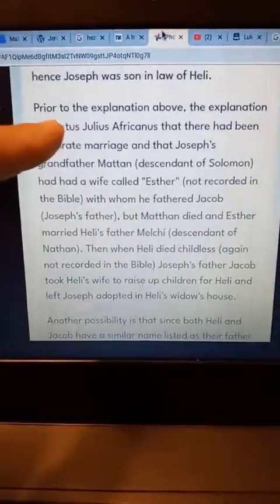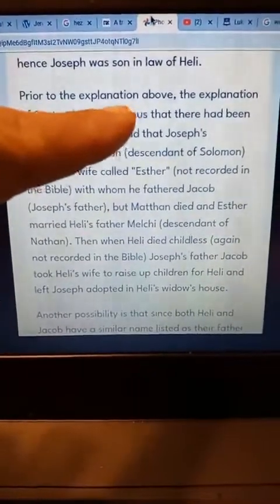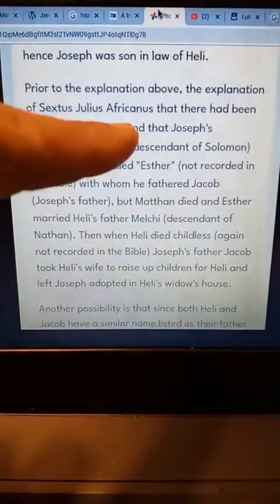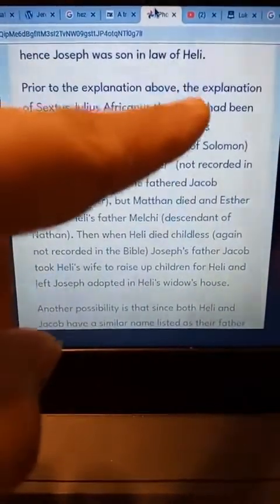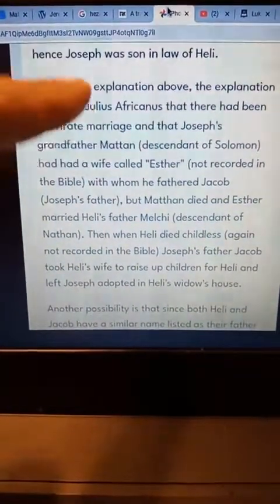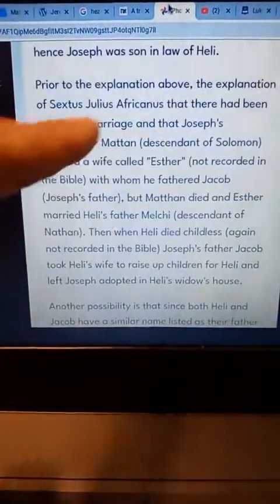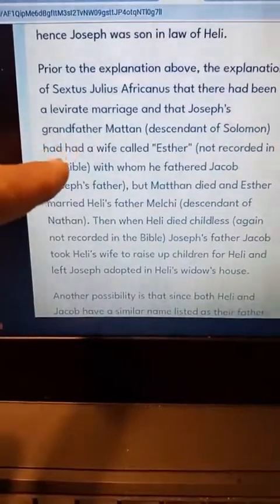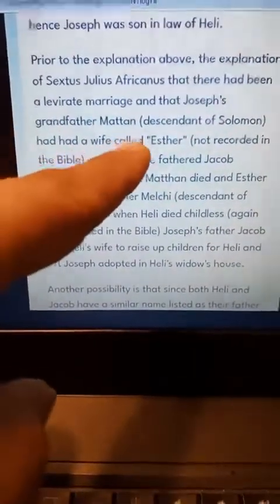And it says, prior to the explanation above, the explanation of Sextus Julius Africanus, that there had been a levirate marriage, and that Joseph's grandfather, Matthan, descendant of Solomon, had a wife called Esther. See, like I was telling you, right? Matthan, his wife, was Esther.